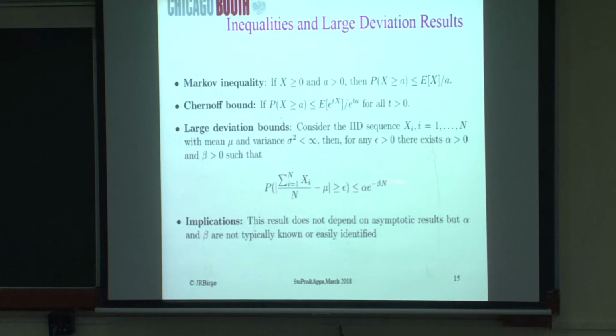But knowing what alpha and beta are is often quite difficult, so it's often hard to actually get those values. In some cases, we can do it explicitly. I have one result of this kind for stochastic programs where I can exactly say what alpha and beta are, but those kinds of cases are relatively rare.